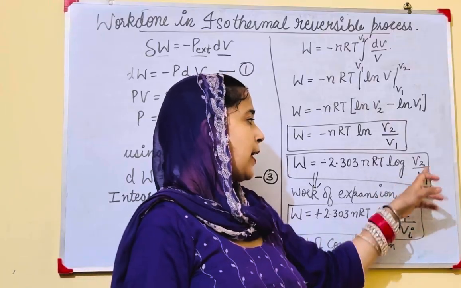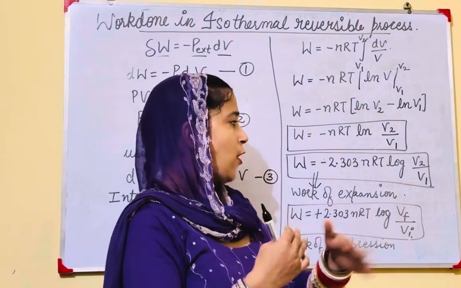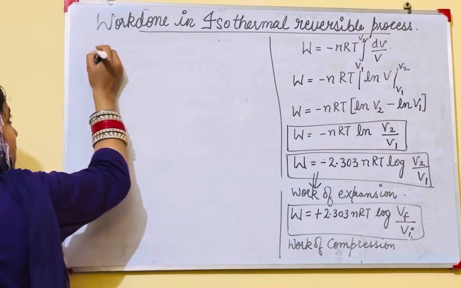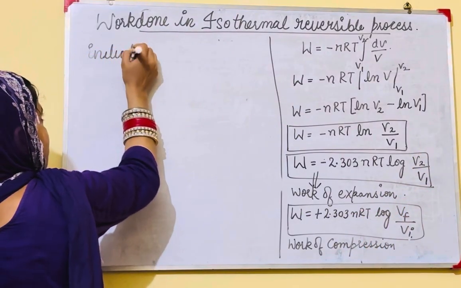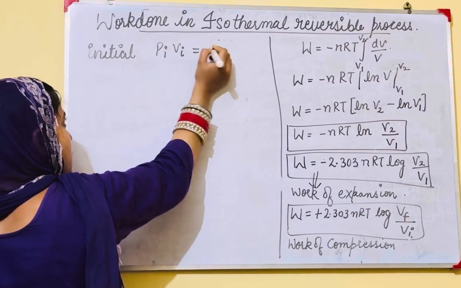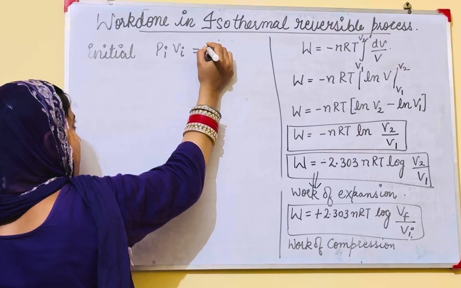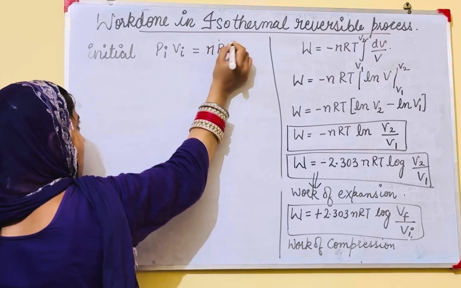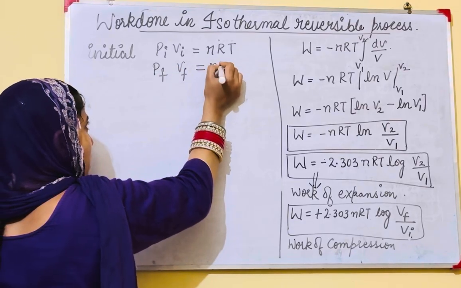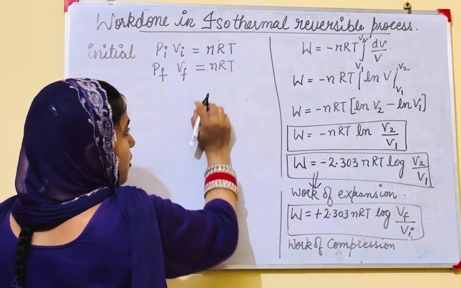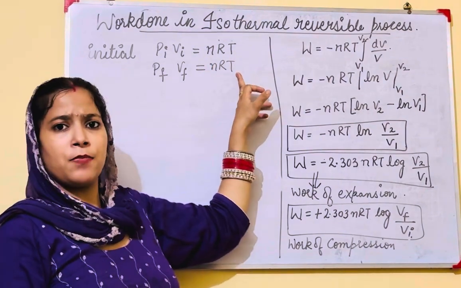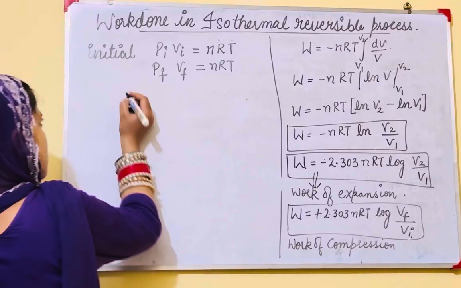This is the work done in terms of volume. Now we can also find this work expression in terms of pressure. Initial terms: P initial V initial is equal to nRT, and P final V final is equal to nRT. If the right side is the same in both equations, then we can equate the left sides.